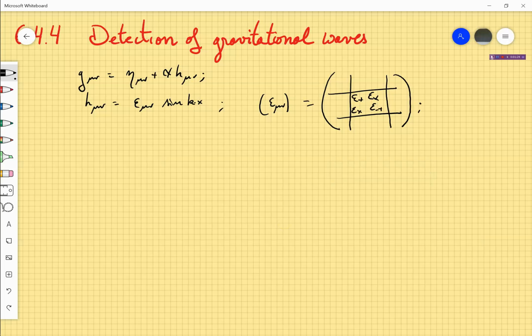Okay, so let's start by computing the Riemann tensor.